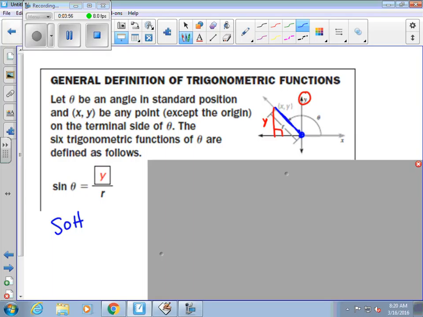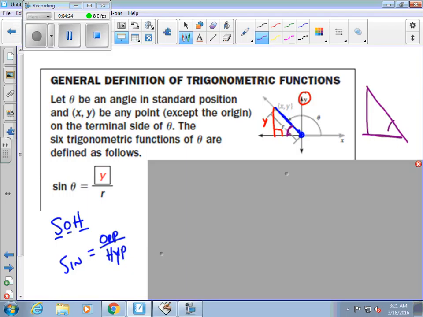So remember, sine of theta, SOHCAHTOA, the S-O-H, is sine is opposite over hypotenuse. That's what SOHCAHTOA tells you. Opposite over hypotenuse. From this reference angle here, you're looking at just this part. It's easier just to pull it out.